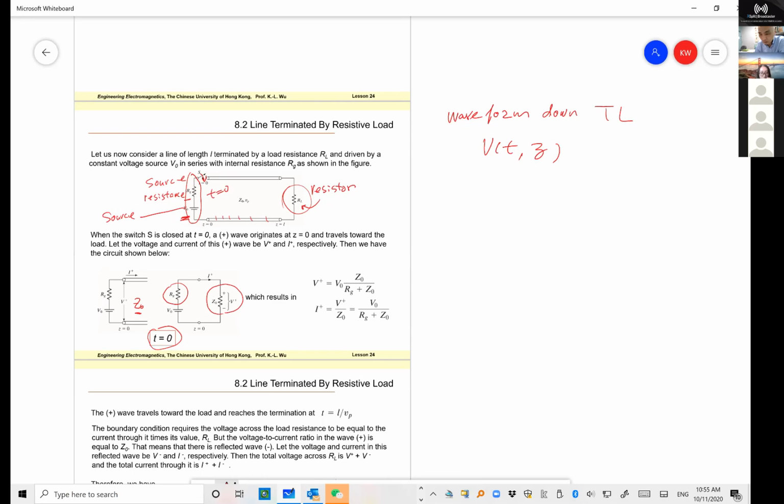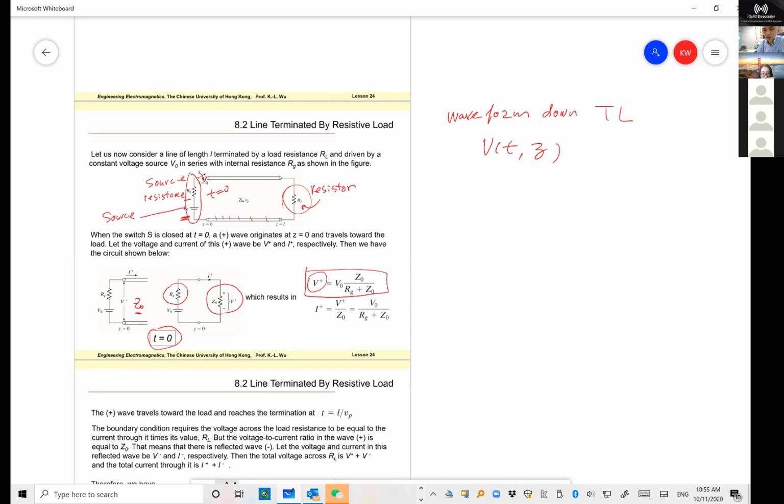The voltage across the transmission line is just a voltage divider. This is the magnitude of the voltage that will travel toward the terminal.